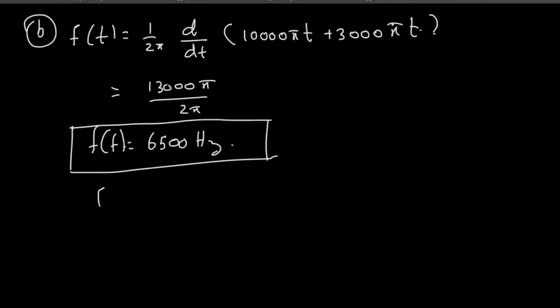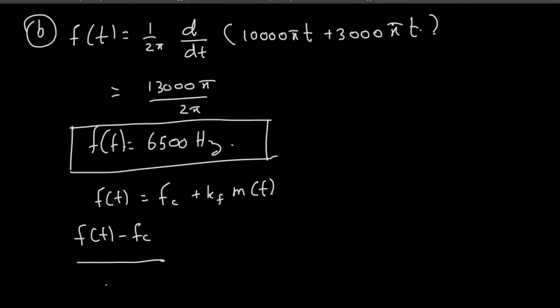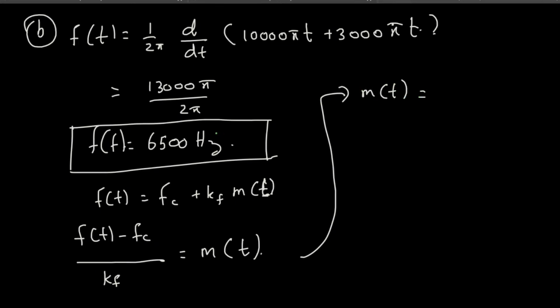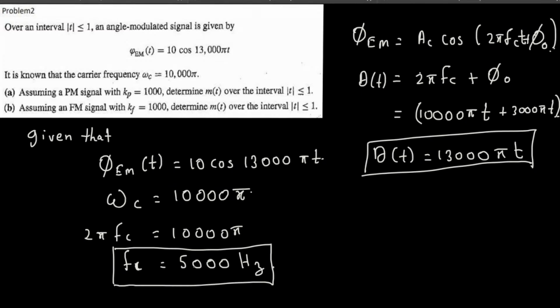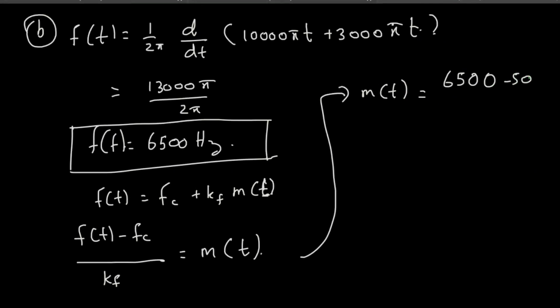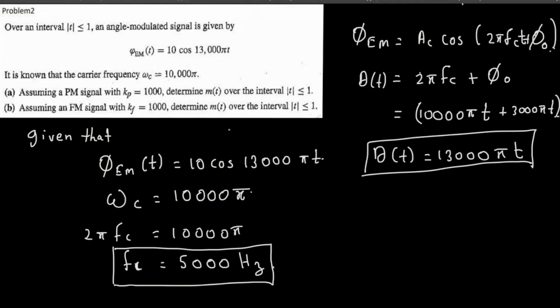And there's an equation that f(t) is equivalent to fc plus kf m(t). So if you solve for m(t), that's what we are interested in, if you rearrange this equation, f(t) minus fc, divided by kf, is equal to m(t). Therefore m(t) is going to be f(t), that is 6,500, minus the carrier frequency we already know from the beginning, that is 5,000, divided by kf, which is 1000 given in the question.